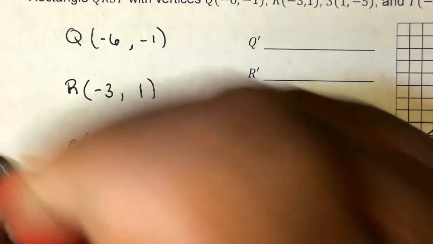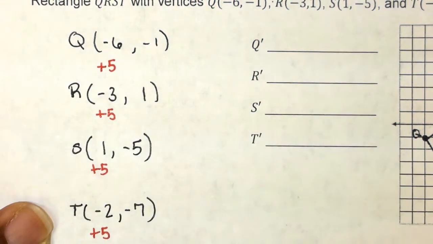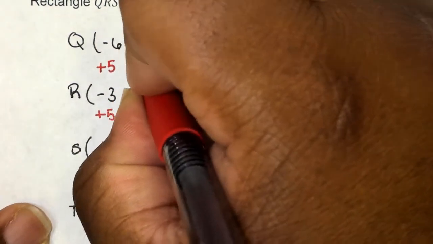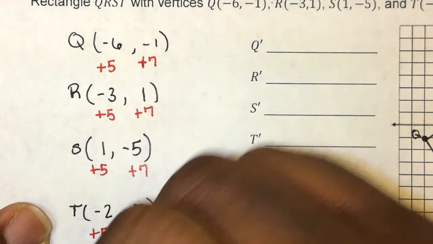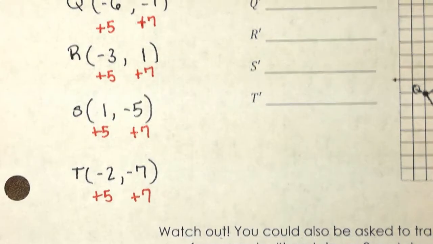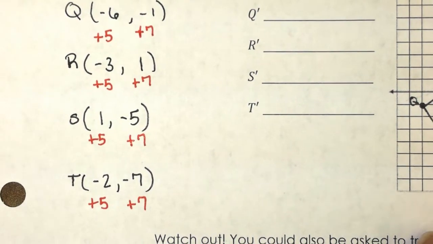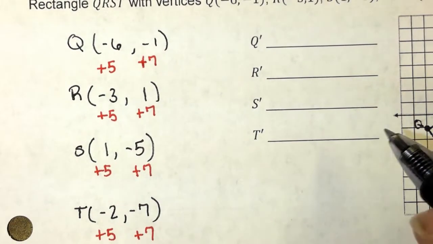So over here, I'm going to do plus 5, plus 5, plus 5, plus 5 to all my x values. All my y values, I'm going to come back and add 7 to all of those. If I do that math, it'll give me my new coordinates of where I should graph my image.